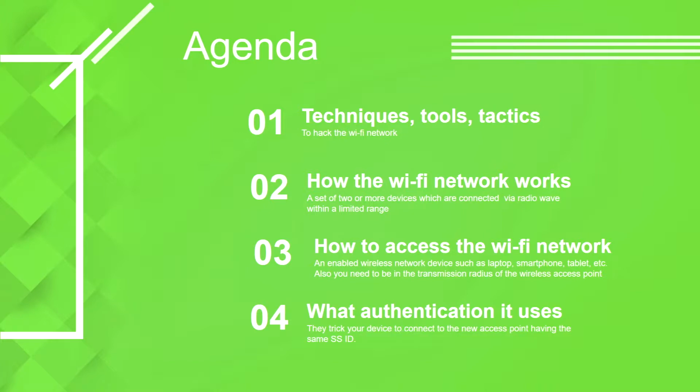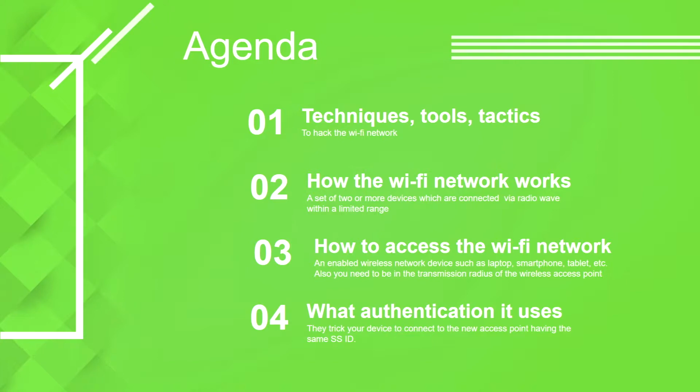If you take the name of a well-known or trusted network and use it as your access point name, it's really obvious that a lot of people will try to connect to it.